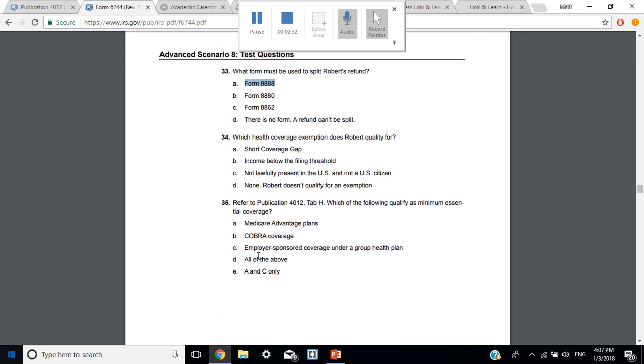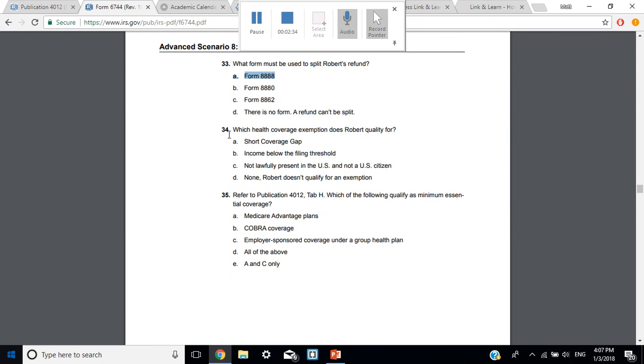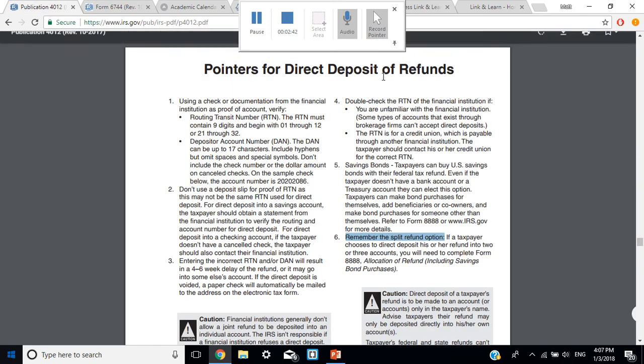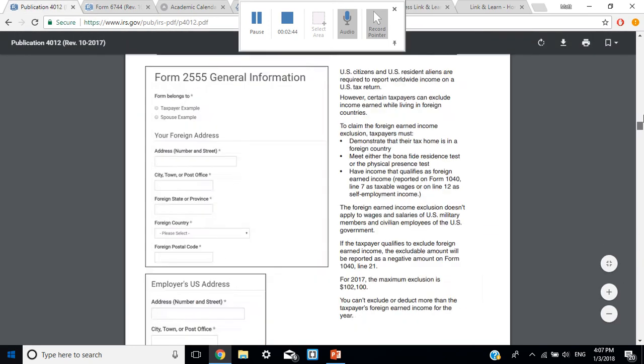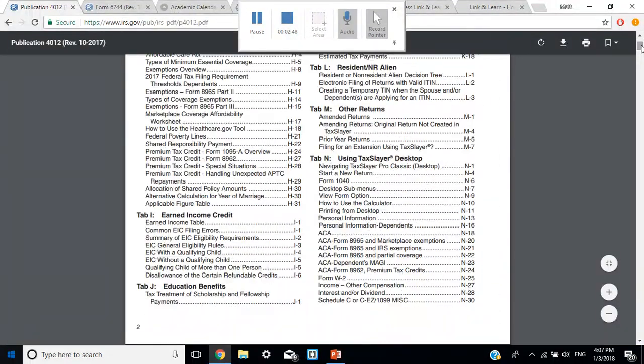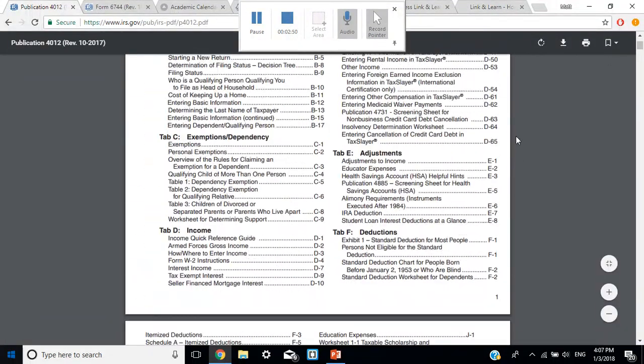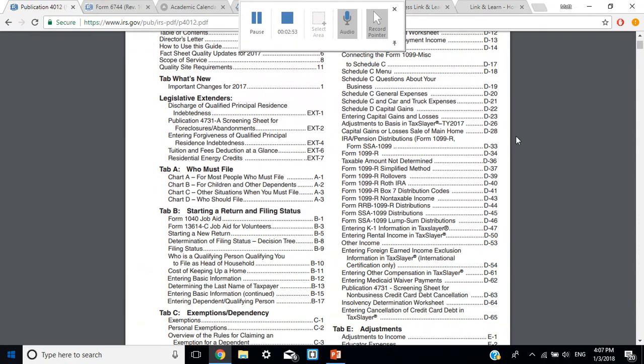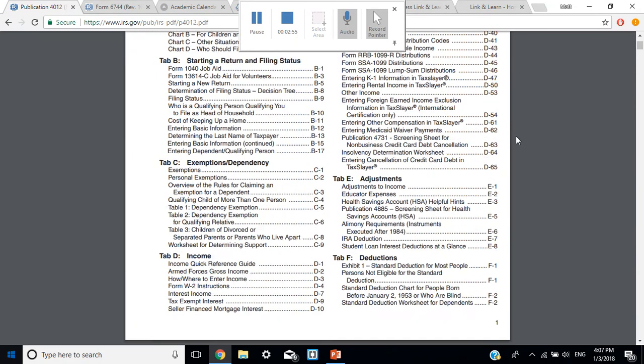That was easy. Number 34. What health coverage exemption does Robert qualify for? I'm not sure. So let's go to the book of answers. Let's go to the top. Index. Alrighty, here we are. Table of contents. The table of contents will tell us where we need to go.